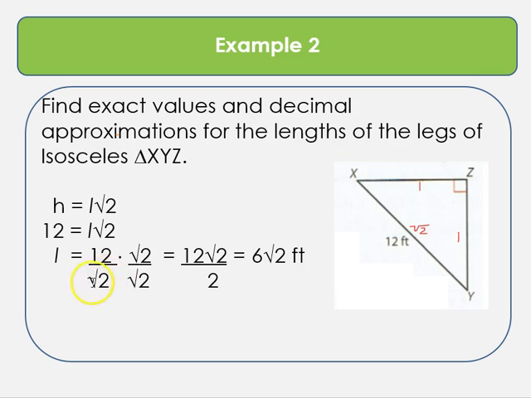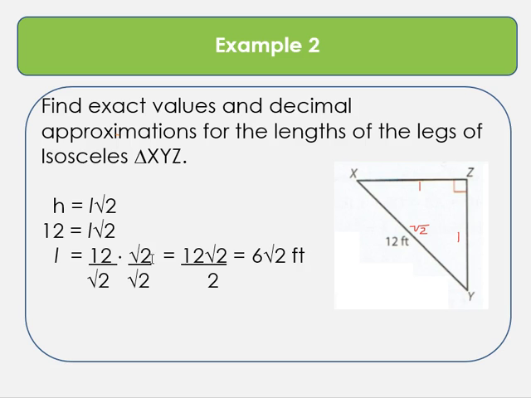We need to remove the radical sign from the denominator by multiplying this equation by the number 1. And remember, when you multiply by 1, it's any number divided by itself. So we use square root of 2, and square root of 2 times square root of 2 is just 2. And on the numerator, that will leave us with 12 square root of 2.